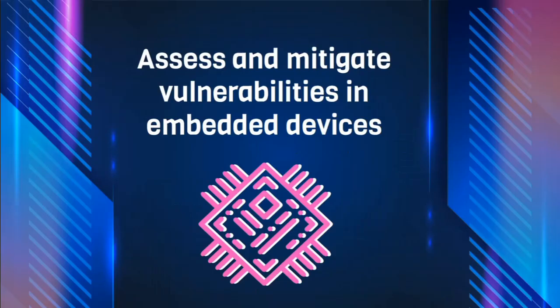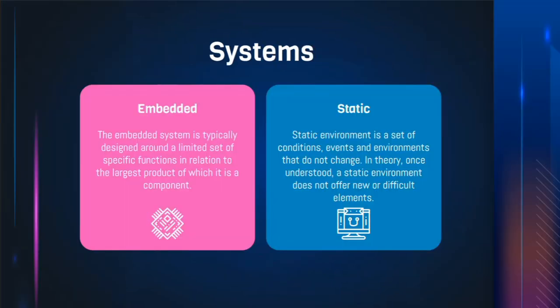So next, we have assessing and mitigating vulnerabilities in embedded devices. We have two concepts. The embedded system is typically designed around a limited set of specific functions in relation to the larger product of which it is a component. The second one is a static environment, a set of conditions, events, and environment that do not change.